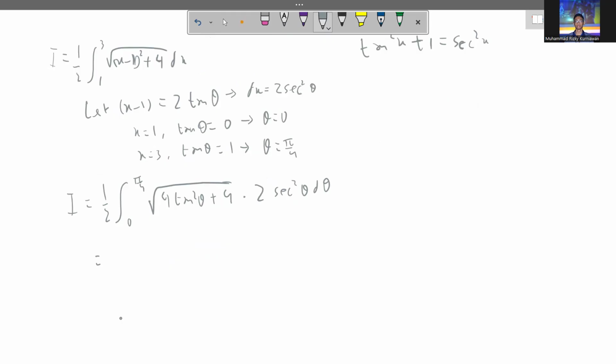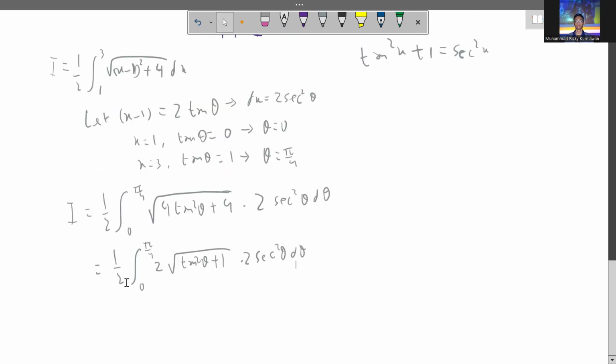All right. So the integrand can be rewritten as, we can factor 4 out of the square root. And then that means we have 2 times the square root of tangent squared theta plus 1 times 2 secant squared theta d theta.